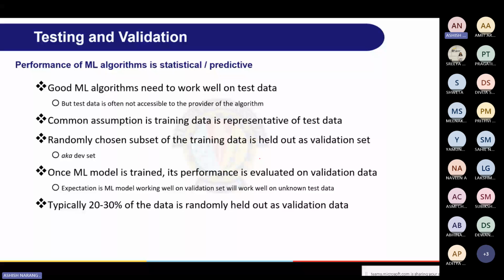Next, we have a common assumption, right? That training data is representative of the test data. But that depends on how I have chosen it, right? If I randomly select a subset of the training data, which may not be modeling all kinds of cases. So let's say I have some 100 cases. It is classification data.